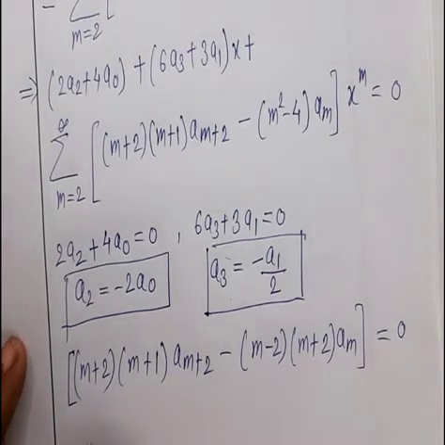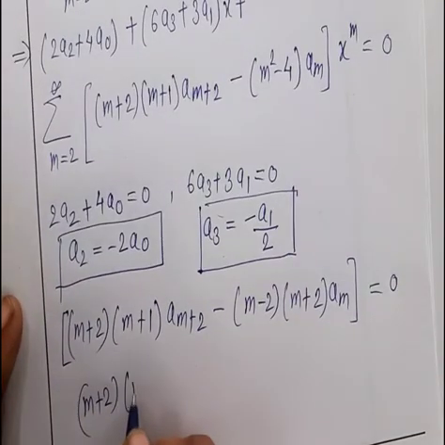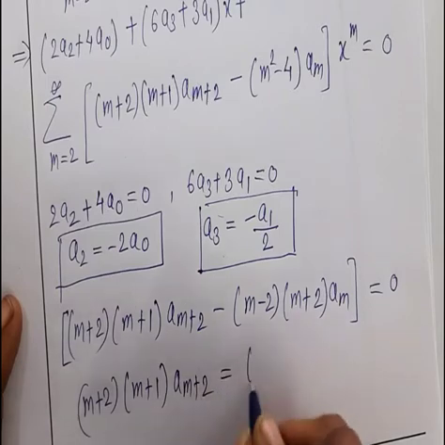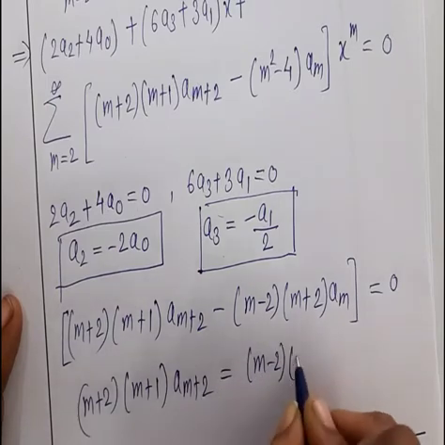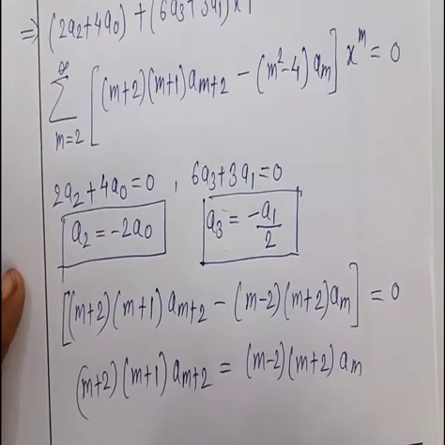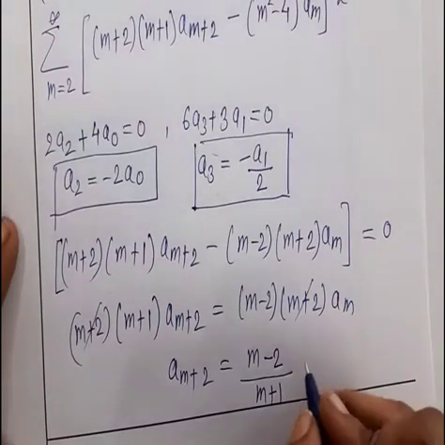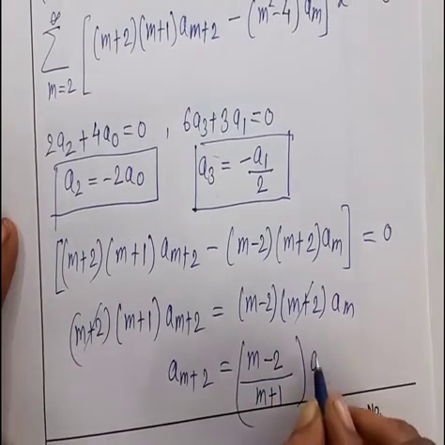Now this is (m plus 2)(m plus 1) a(m plus 2) equal to (m minus 2)(m plus 2) am. So a(m plus 2) is equal to, m plus 2 on both sides will get cancelled, remaining is (m minus 2) divided by (m plus 1) multiplied by am.